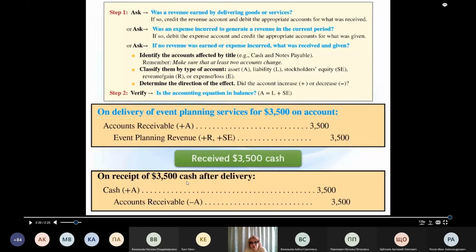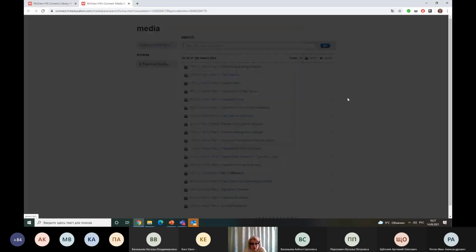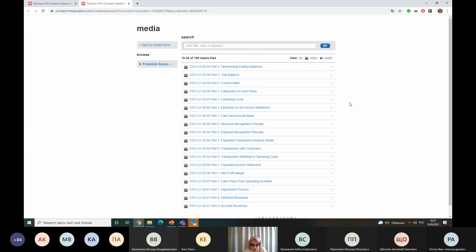So this is the formula for a competitive market economy. First, a revenue recognition with a promise to make a payment on behalf of the customer, and after the payment of the customer, we settle these relationships when we decrease accounts receivable and increase cash. So these are transactions with customers. So this is the main formula and the transaction analysis.